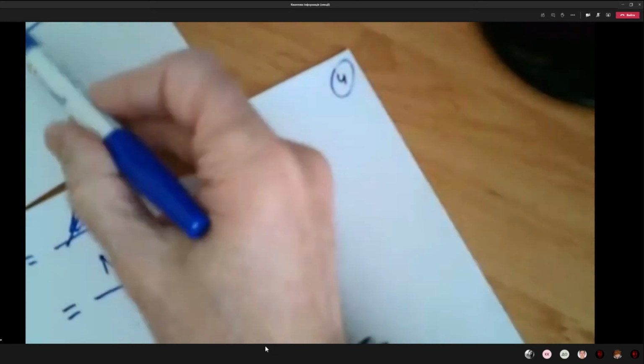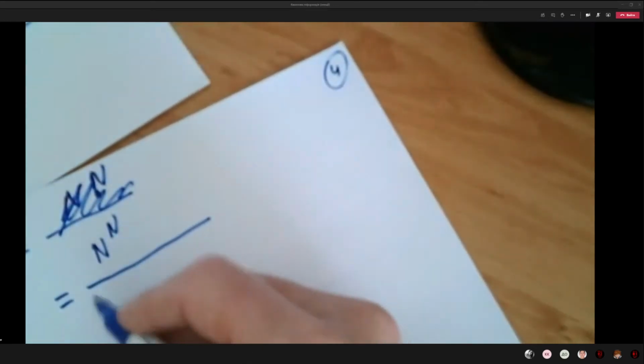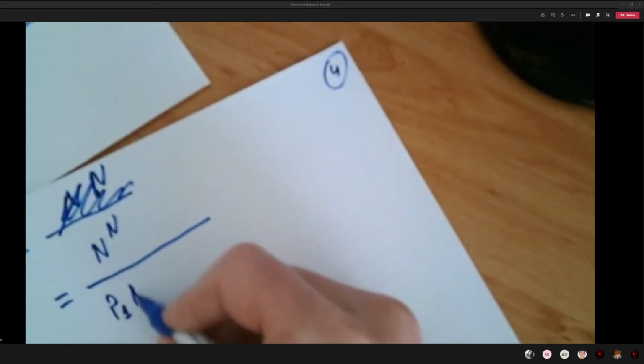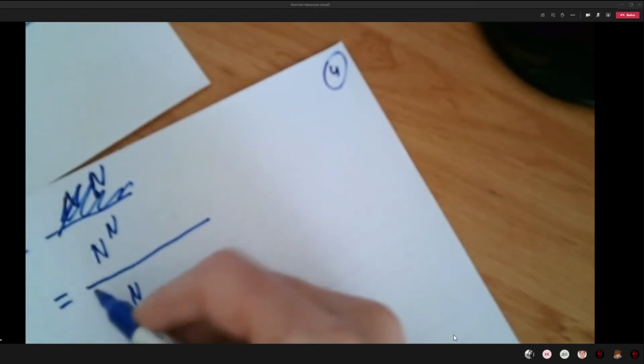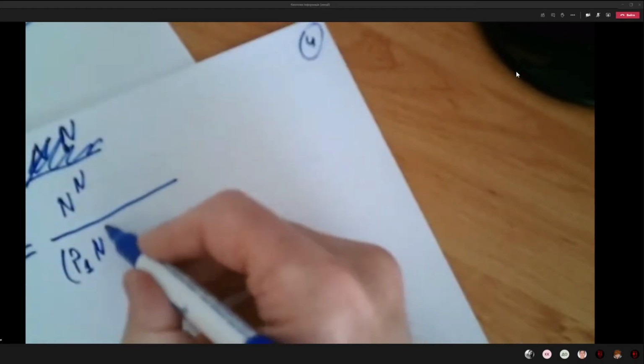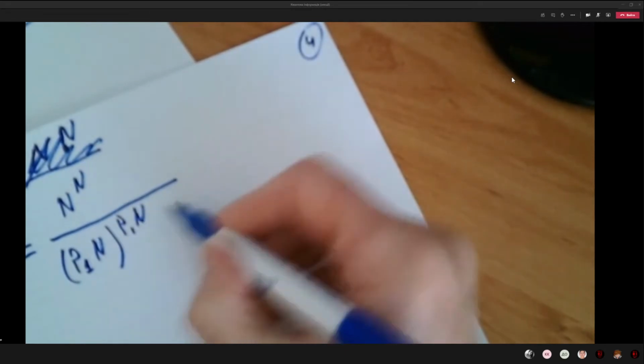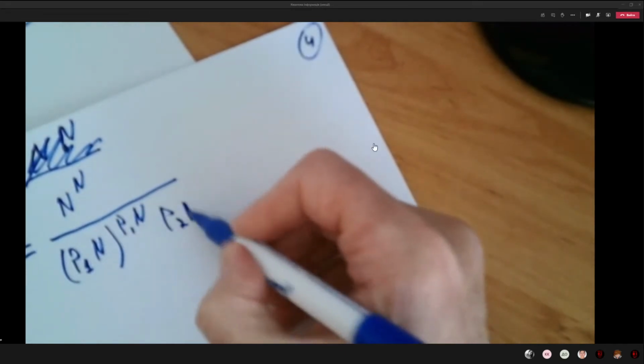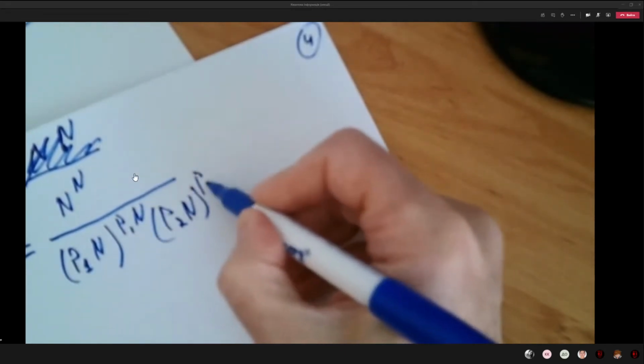Instead of this term here and here, we have p1 n in power p1 n, and here p2 n in power p2 n.